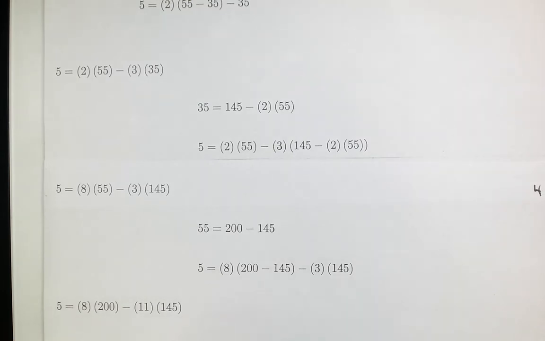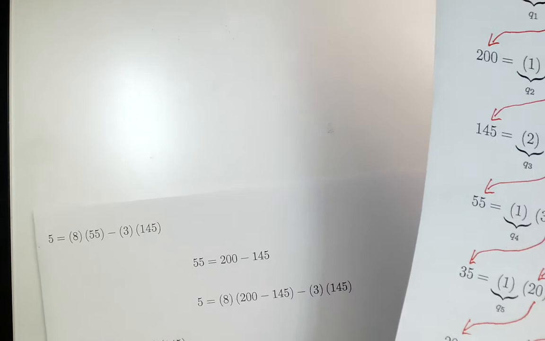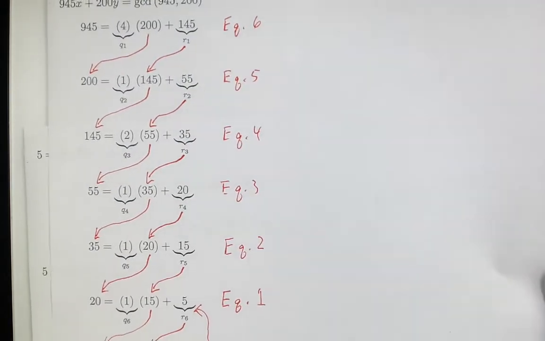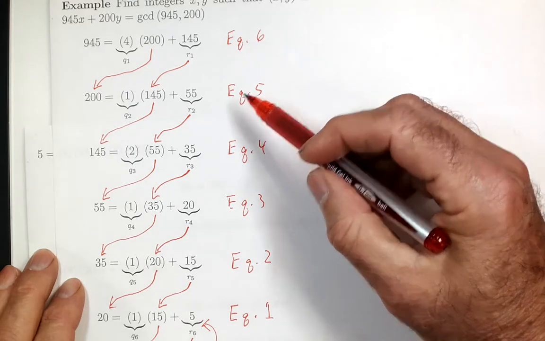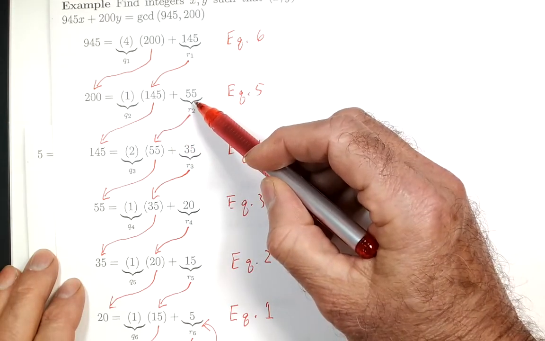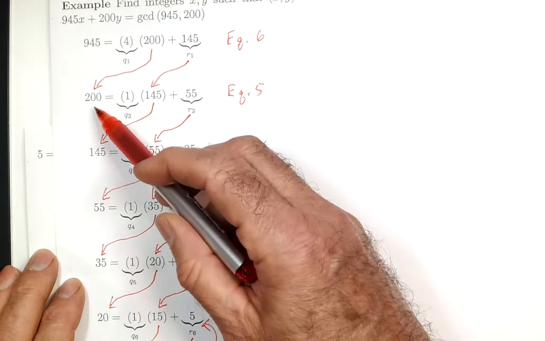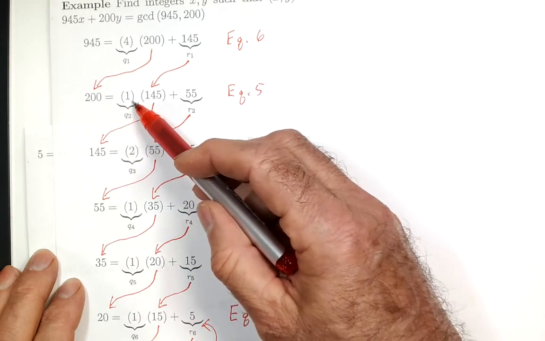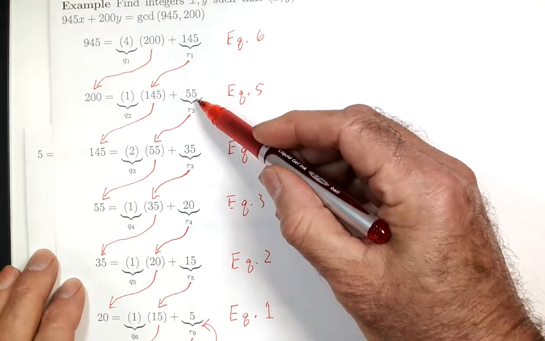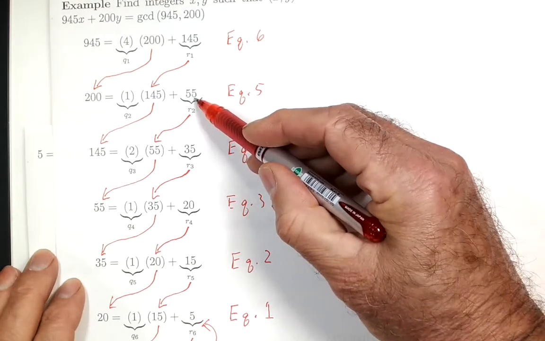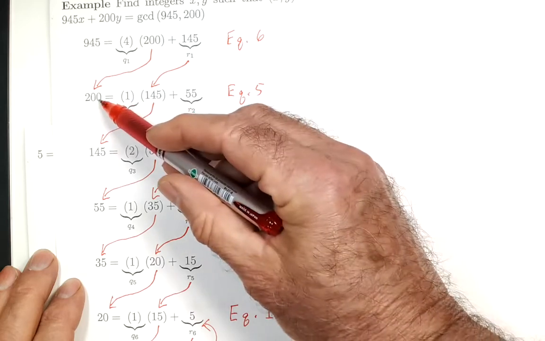So let's go back to equation 5, and let's see what we have. Equation 5, we have 55 equals 200 minus 1 times 145. Okay, so that's how we rewrite 55 in terms of its two predecessors.